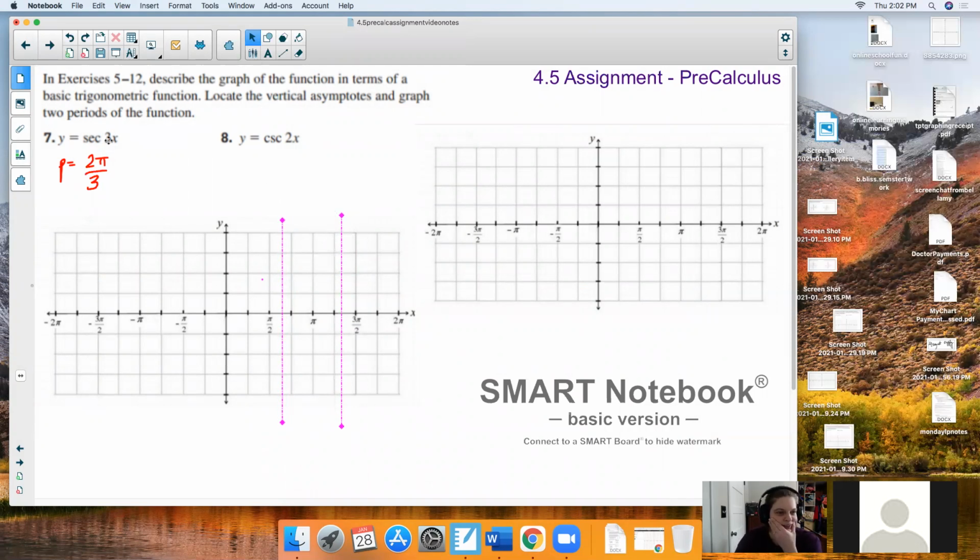All right, and then secant, if you remember back to the notes, is doing cosine. So where it comes up at the axis and back down. It's going to do cosine, but then each of these loops, because secant is actually what it meets at, is going to meet at that axis up here. So we're going to end up with kind of these upside down or right side up parabolas.